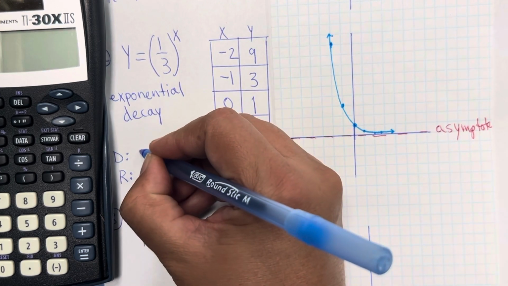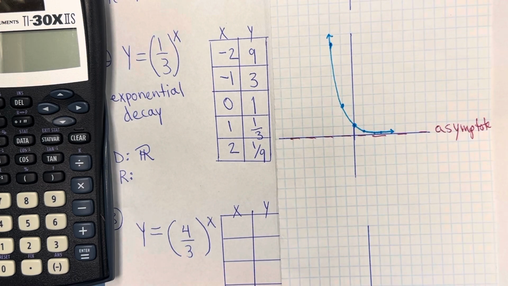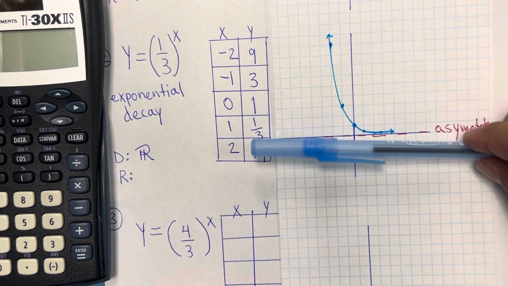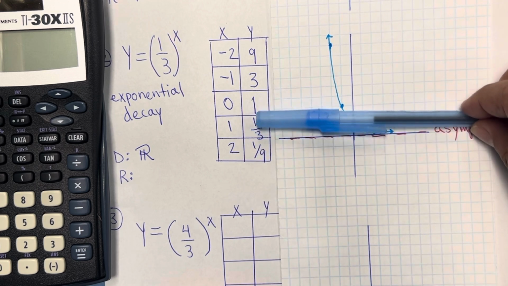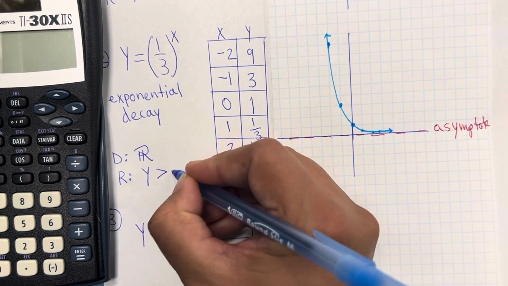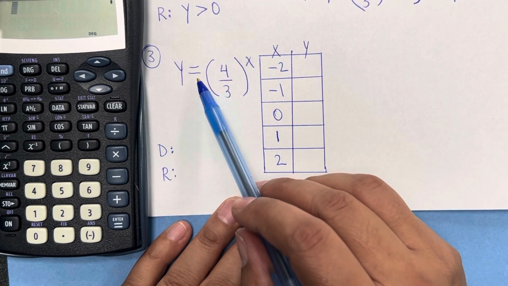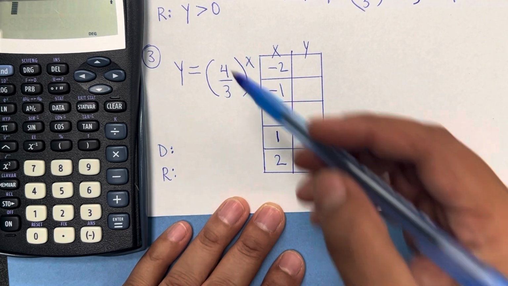So the domain, that means that it is going to be all real numbers. For the range, which are the y values, well, it never goes below the value of 0. It just goes above that. And so we say that y is greater than 0. For number 3, we have y equals 4/3 to the x power.